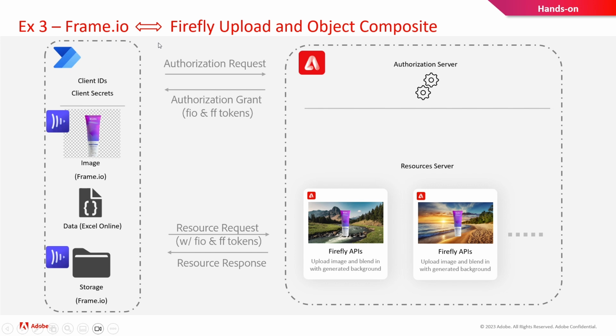So here it is. The Frame.io, we are using it to upload and download images with the Firefly, right? So hopefully you now see how to use the two systems together. As I said before, the purpose of this exercise, while it's great to show you the integration between Frame.io and Firefly, is that the technique pretty much applies to other systems that you want to integrate with Firefly as well.